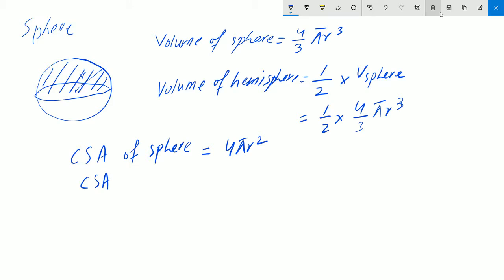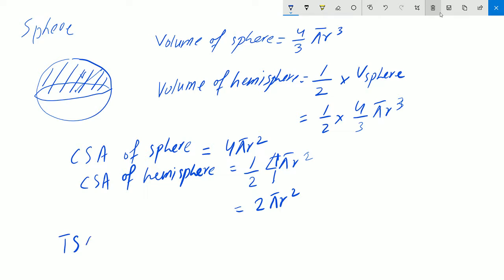To calculate the curved surface area of one hemisphere only, we just need to have the original curved surface area, which is 4 pi r squared, halved. This gives us 2 pi r squared.